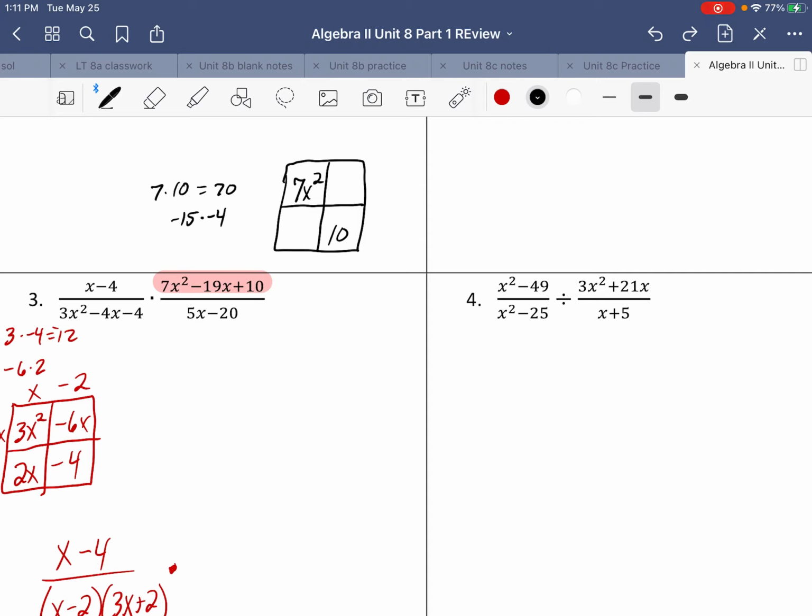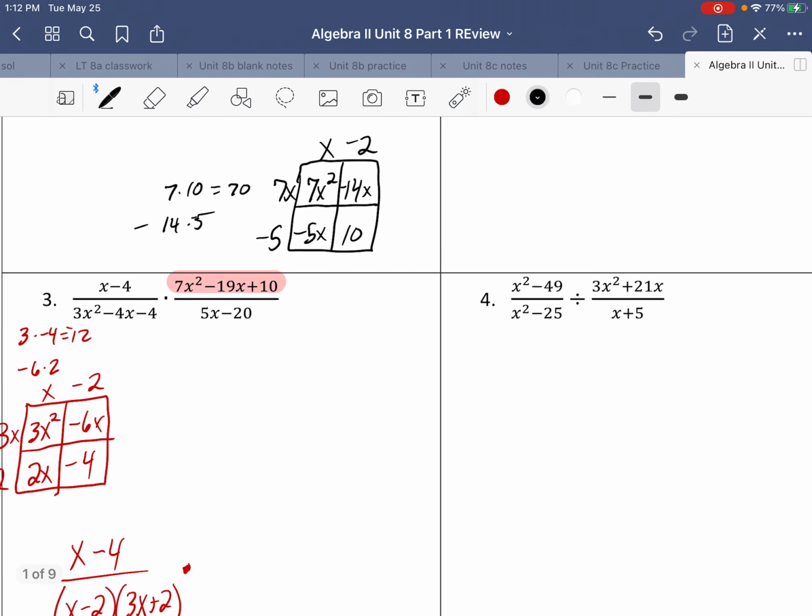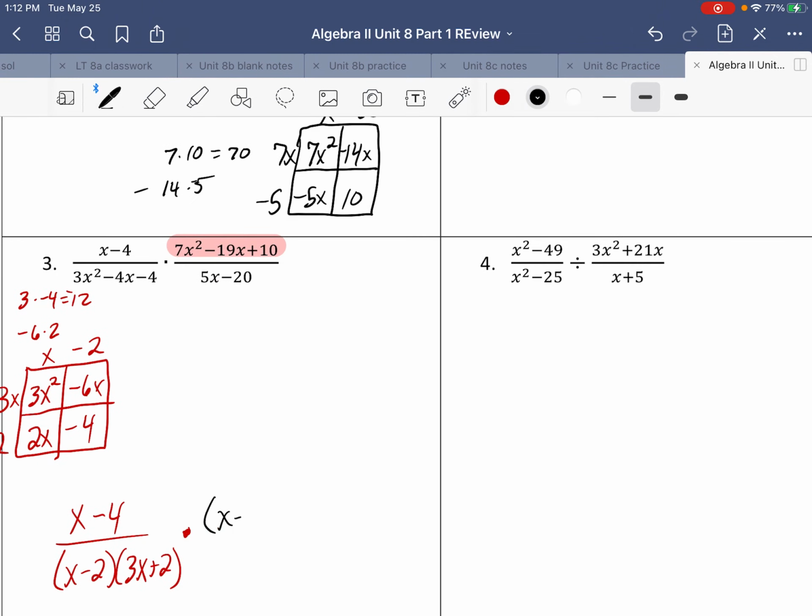It's negative 14 and negative 5. Aha, that's it. There we go. So we have x minus 2 and 7x minus 5. My bad.